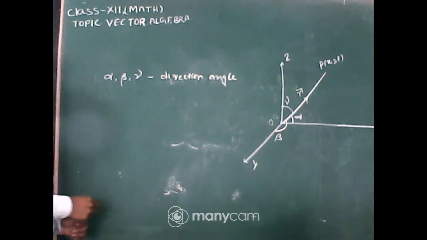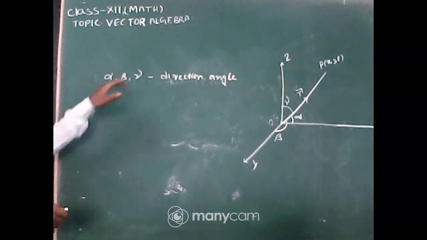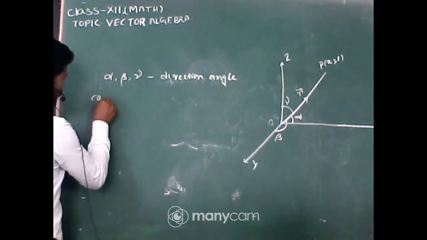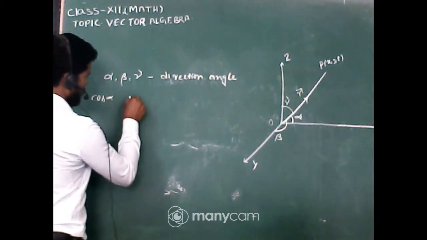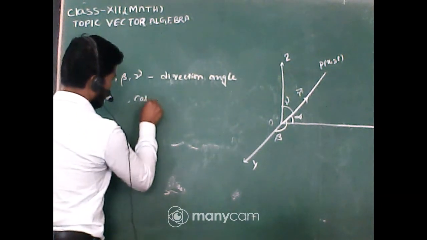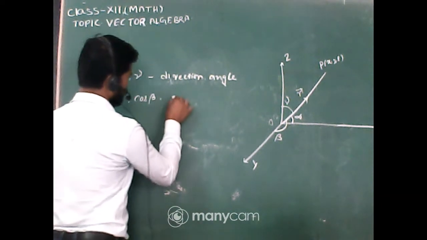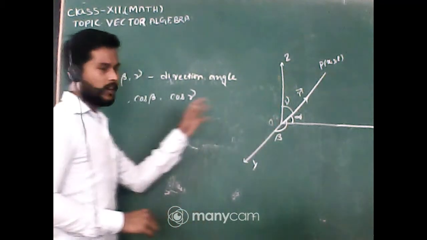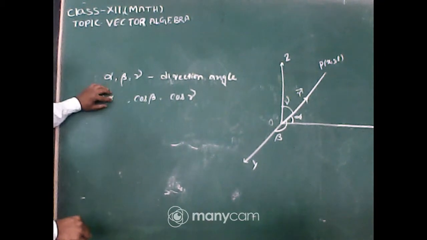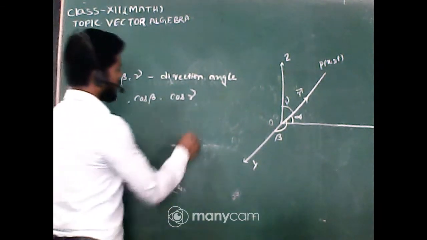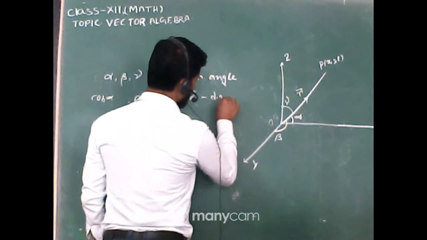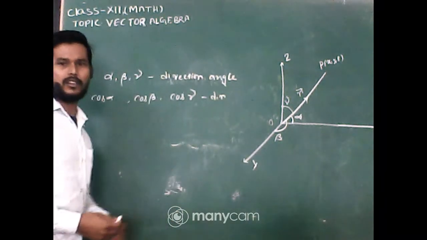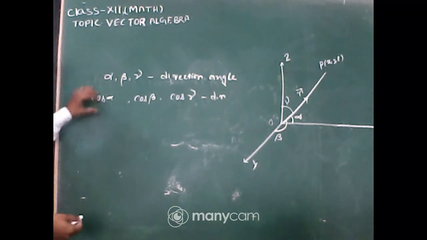Now if I take the cosine of each angle, meaning cos alpha, cos beta, cos gamma, the cosine of each of the direction angles, these are called direction cosines.